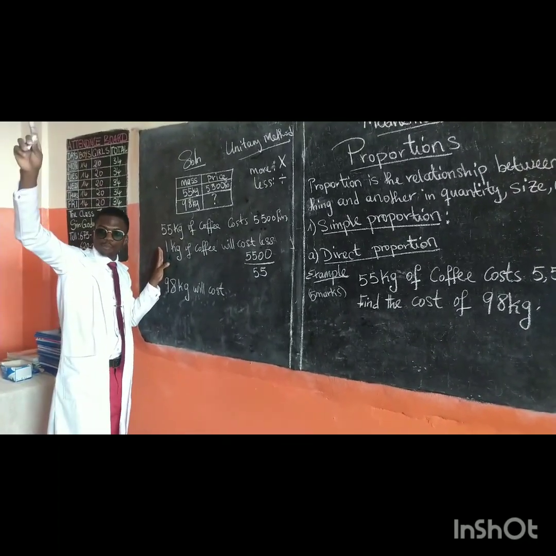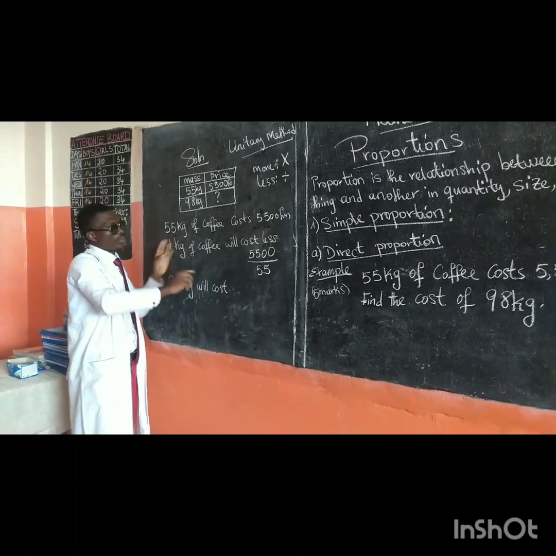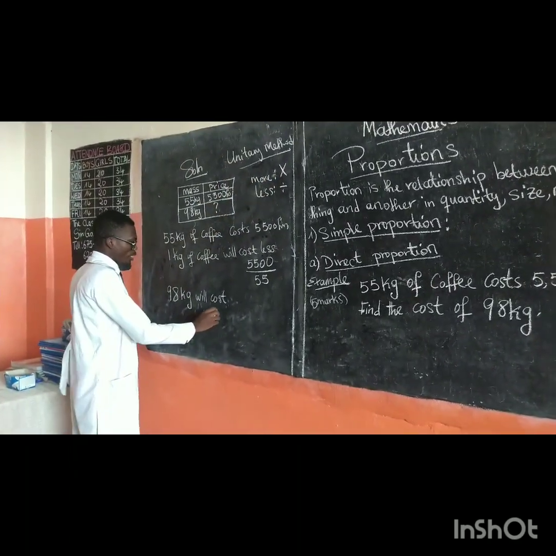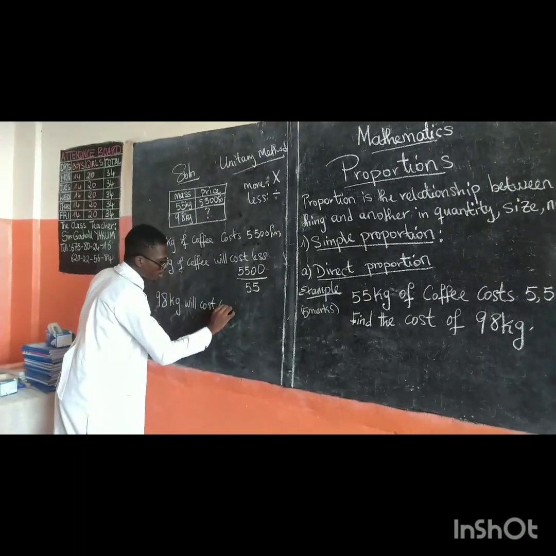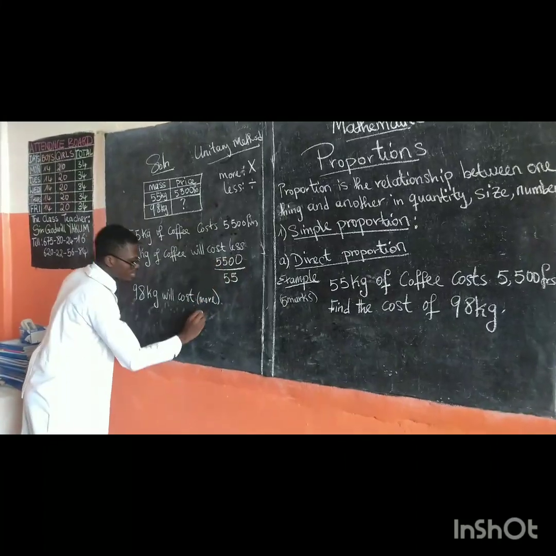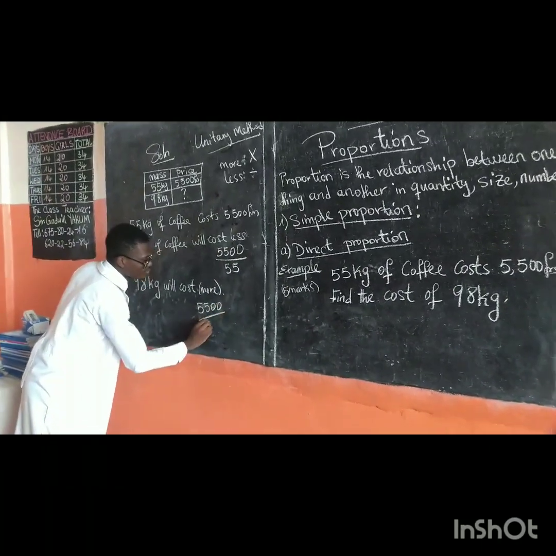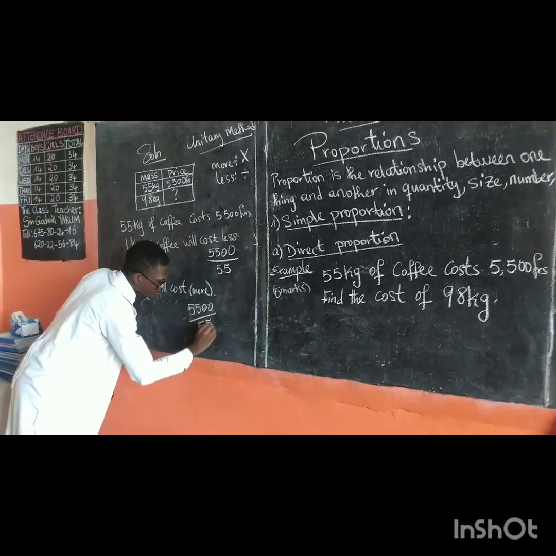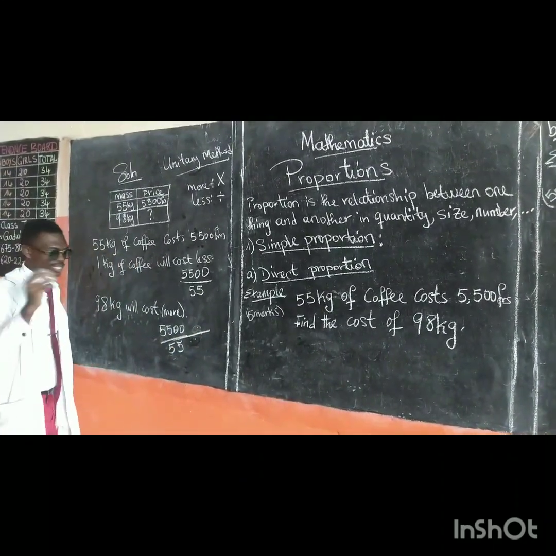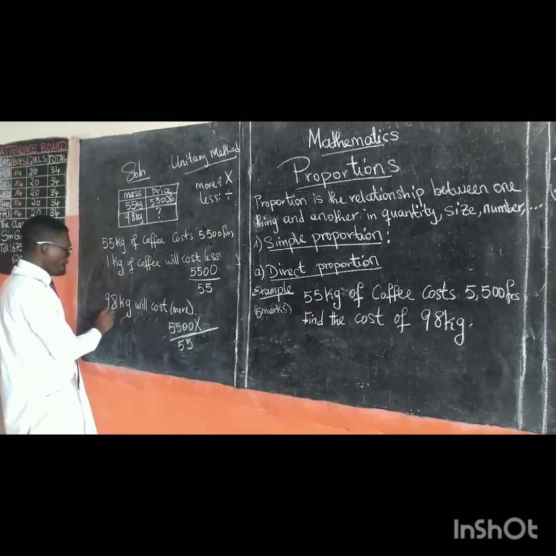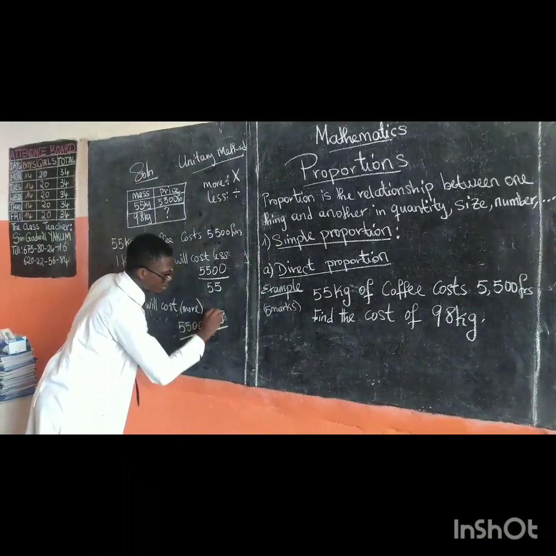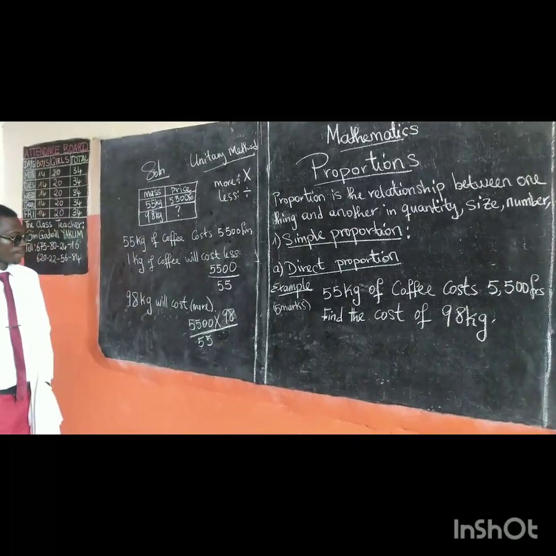It's going to cost more, right? And when we have more, we need to multiply. Mathematically, we still copy this 5,500 divided by 55, times, I will add it to the numerator, times 98. Is that okay? Yes.